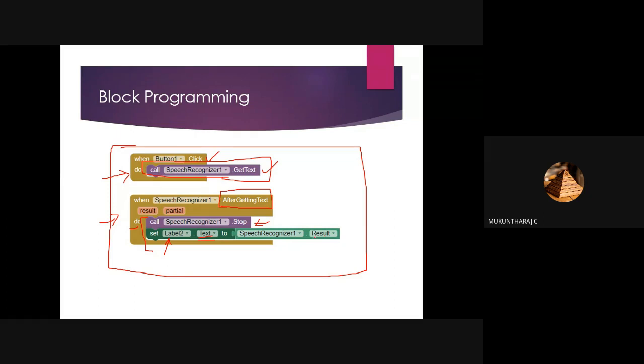That's all. Whatever the user speaks after clicking the button will be converted as text, and that will be fed to label 2 to display. With this we can check the outputs.